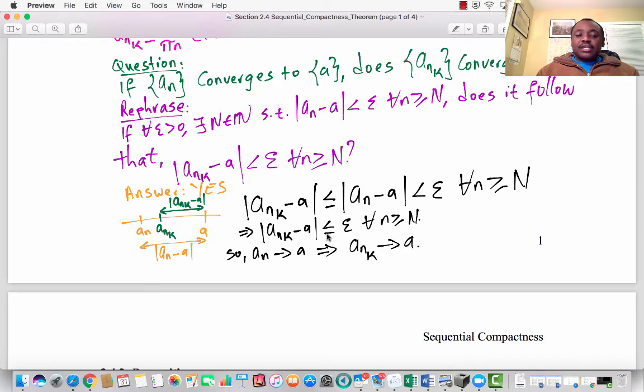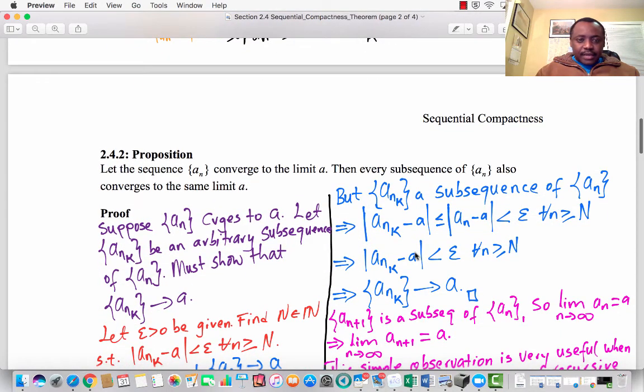Sorry about that. So if a_n converges to a, a_nk would also have to converge to a. We will look at this a little more rigorously right now.